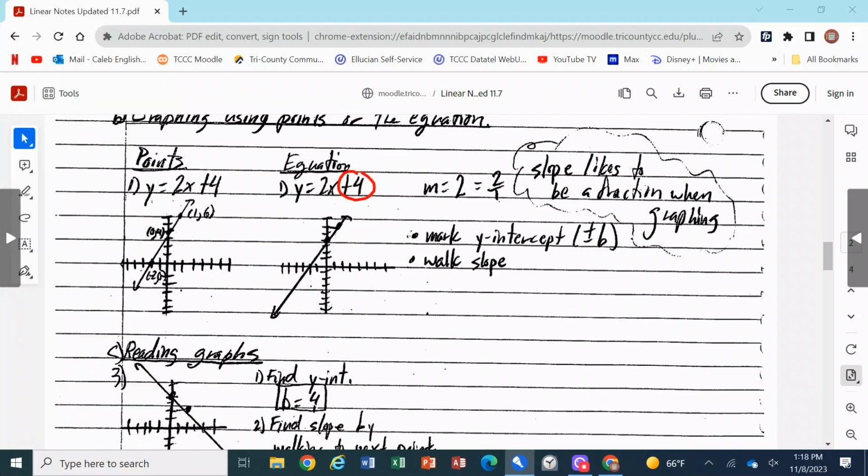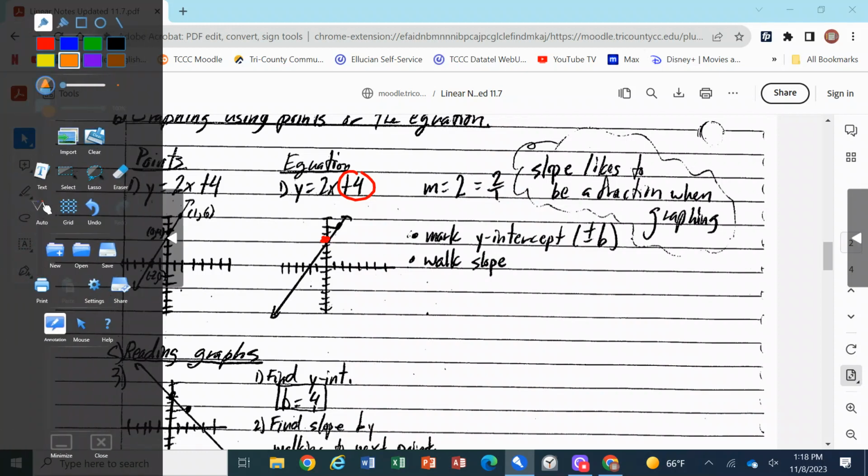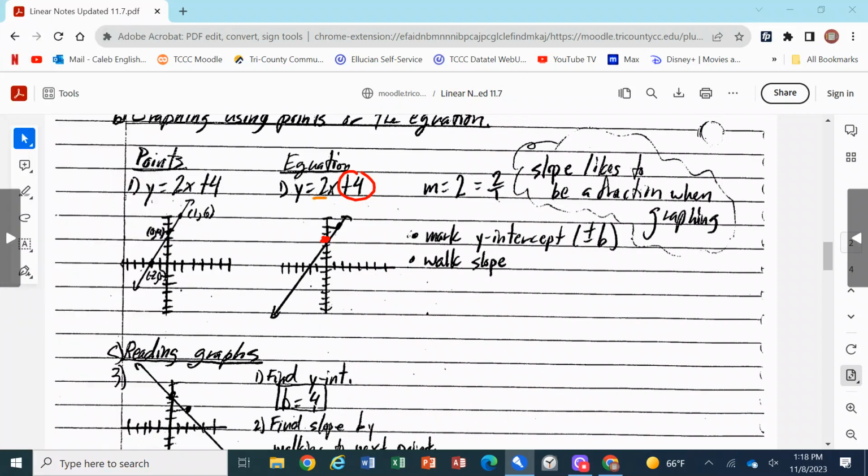You always put that first. So there is positive 4 on our graph. Once you've marked the y-intercept, then you walk the slope to the next point. By walk the slope, what we mean is, here's our slope of 2 right here.